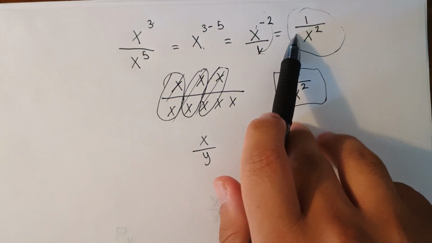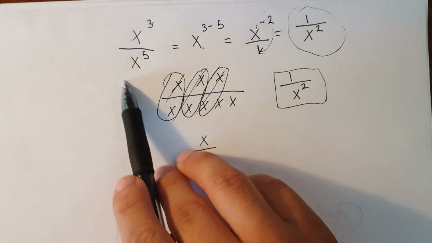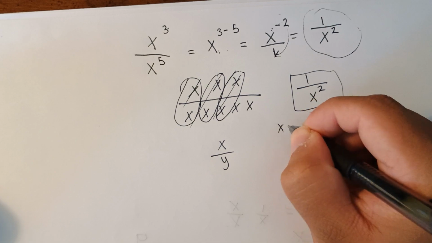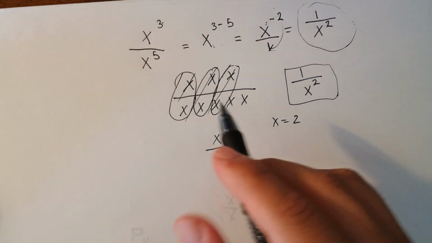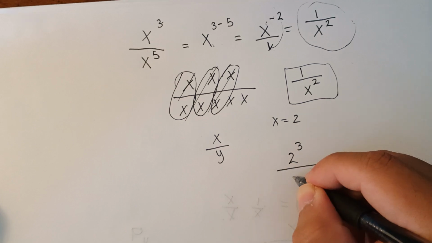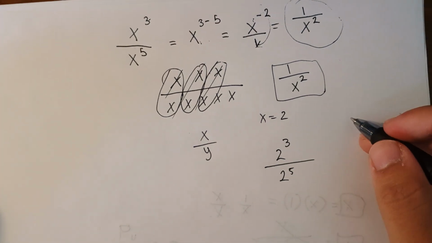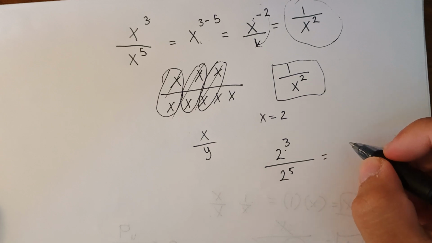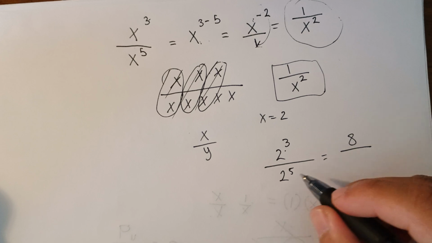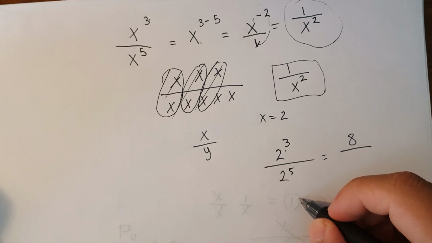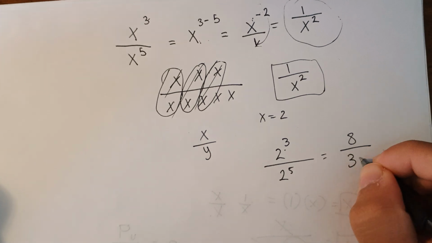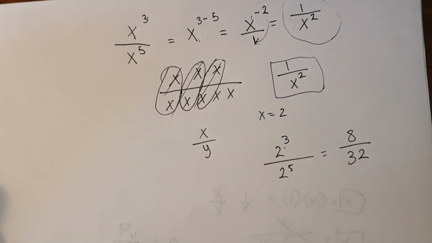It takes less work to do this than it would take to do this. Let's say x is equal to 2. I'm going to do 2 to the power of 3 divided by 2 to the power of 5. This is equal to 8, and this is equal to 32.